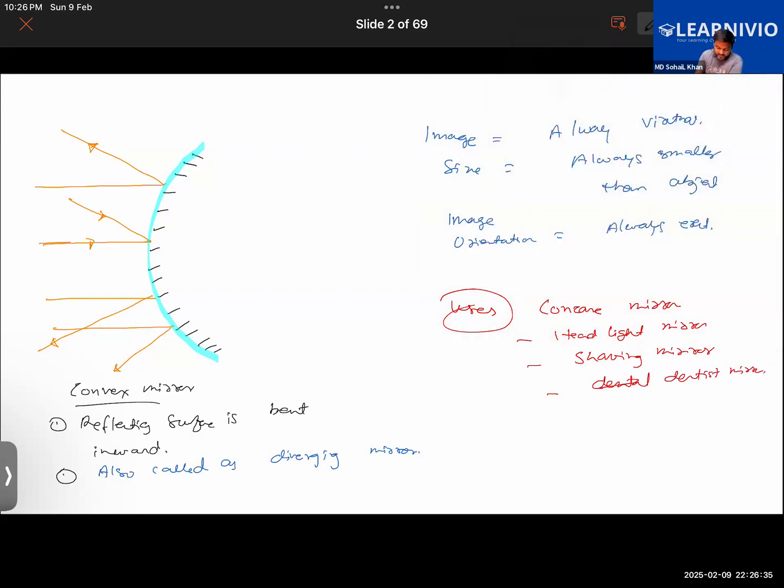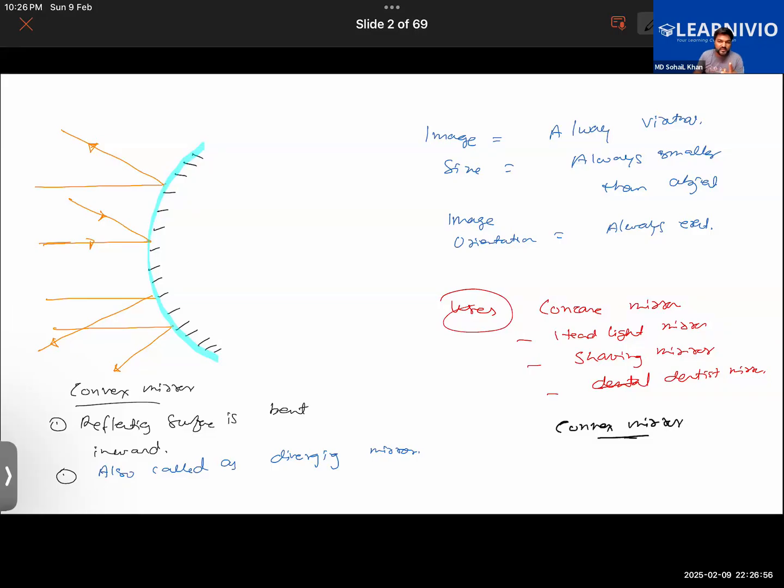As for the convex mirror, keep in mind that it forms a smaller image. I think all of you would be aware of the convex mirror's use. Is anyone in vehicles now?